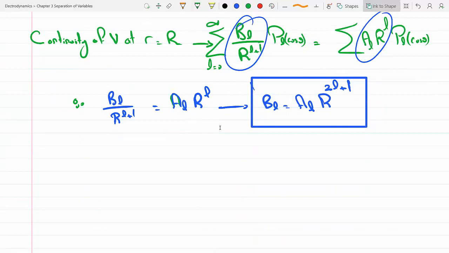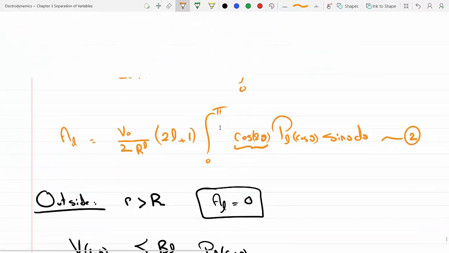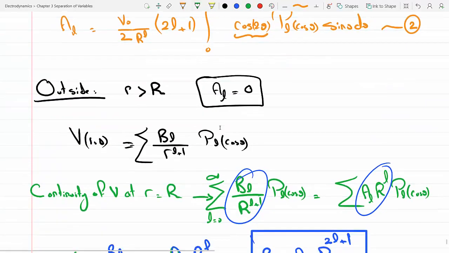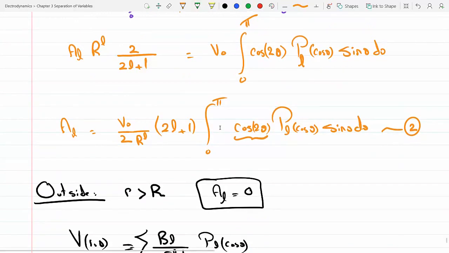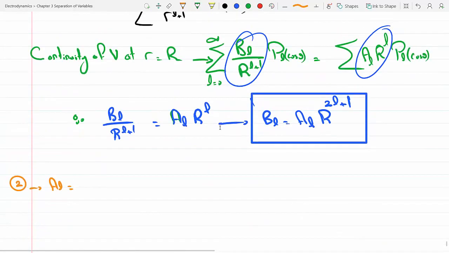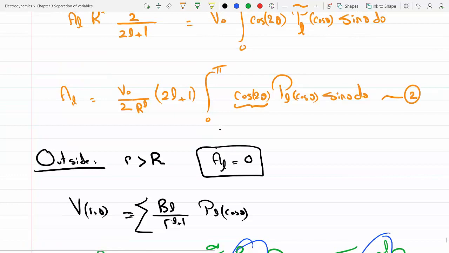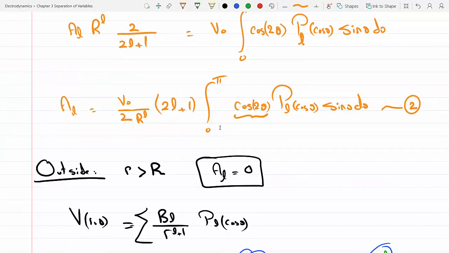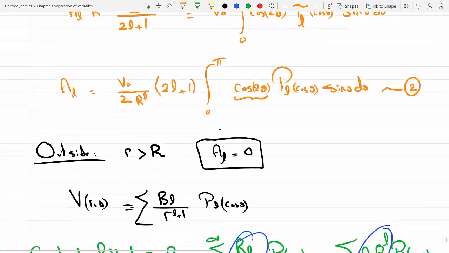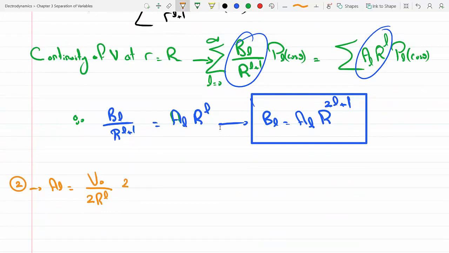So equation 2 becomes A_L is equal to V0 over 2R^L times 2L plus 1.